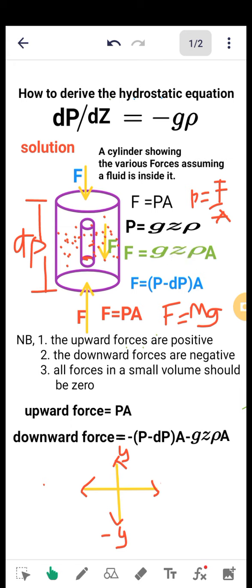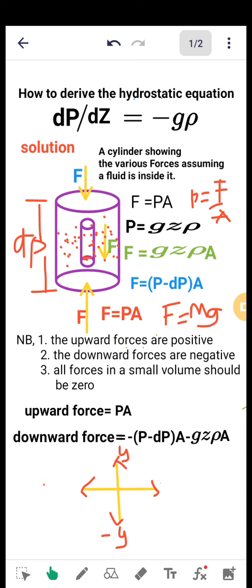So quickly, the force due to the fluid. Let's assume these tiny particles are water particles.